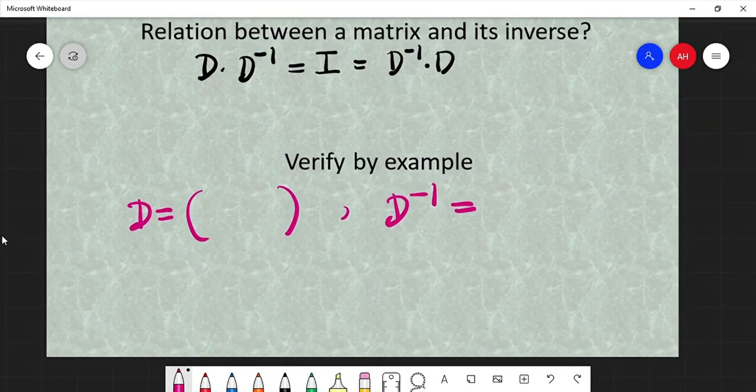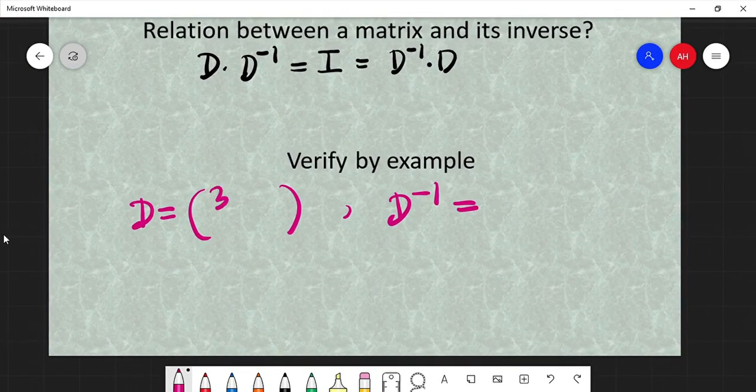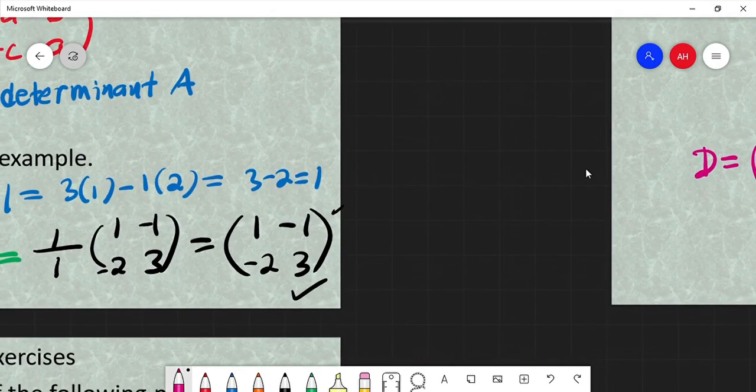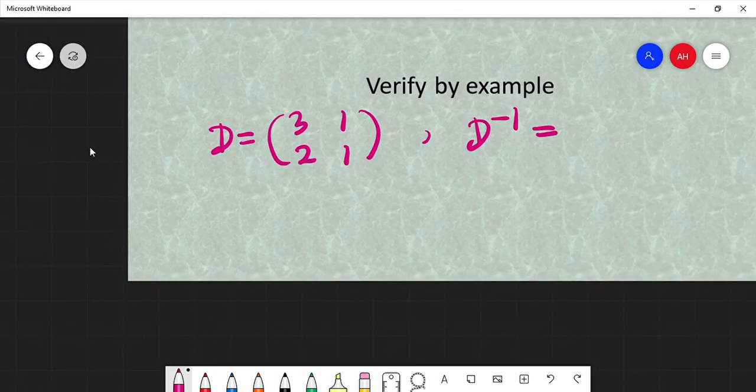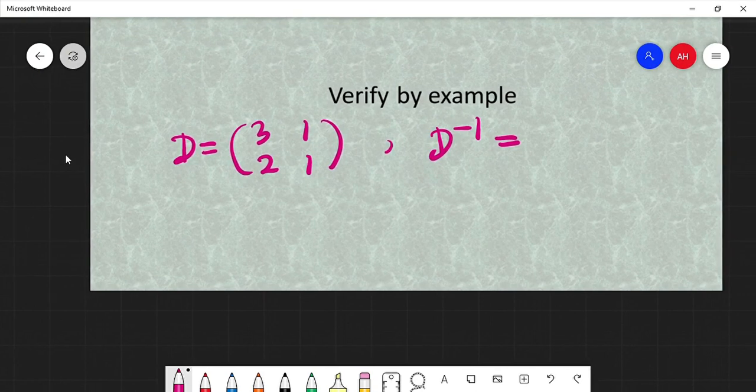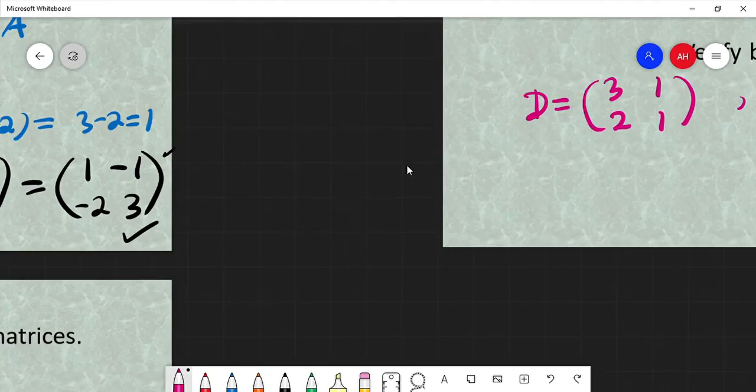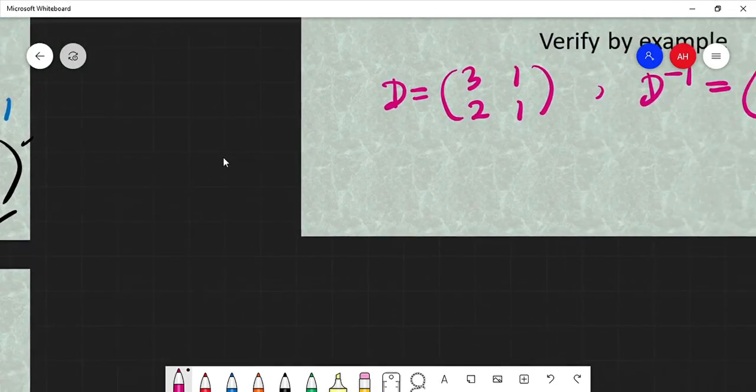And for D inverse, we already calculated 1, negative 1, and negative 2, 3.